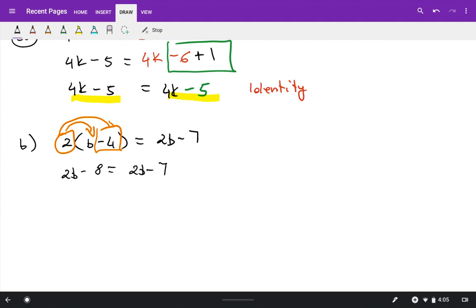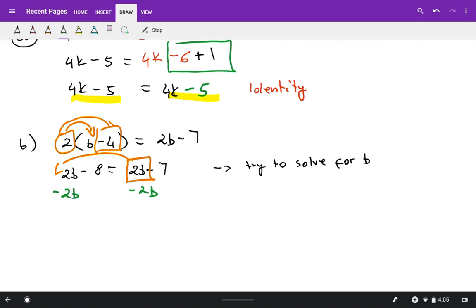So let's try to solve for b. We didn't do too many examples like this. When you have variables on both sides, I want to move the 2b to the left side. Since this is positive 2b, I'm going to subtract 2b from both sides. All the time when you're moving expressions or numbers to the other side of the equation, you're always using the opposite of what you see.